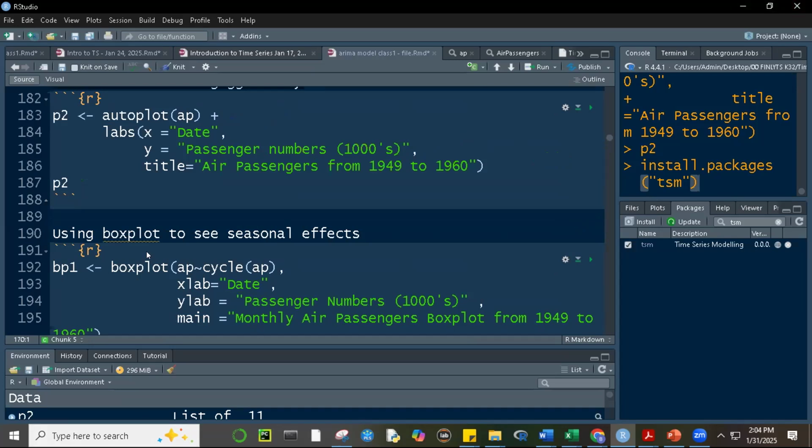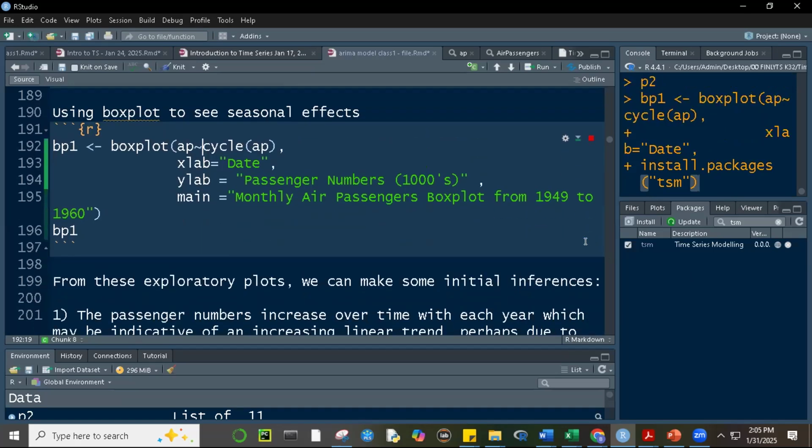So the function is boxplot, and then AP. How will the box plot be created? It should be based on the cycle of AP, which means that all the ones would be January, and so on. Okay, so let's run this box plot.